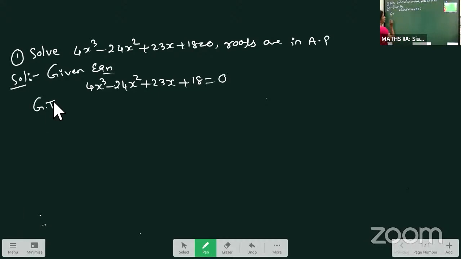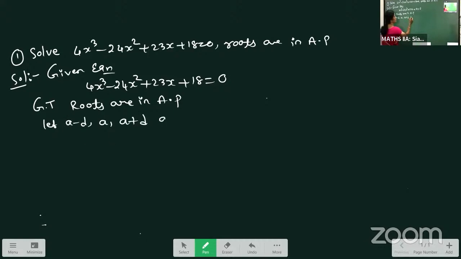What is the given condition? Given that roots are in AP. General roots we take as alpha, beta, gamma. When roots are in AP, what roots we have to suppose? Let a minus d, a, a plus d are the roots.